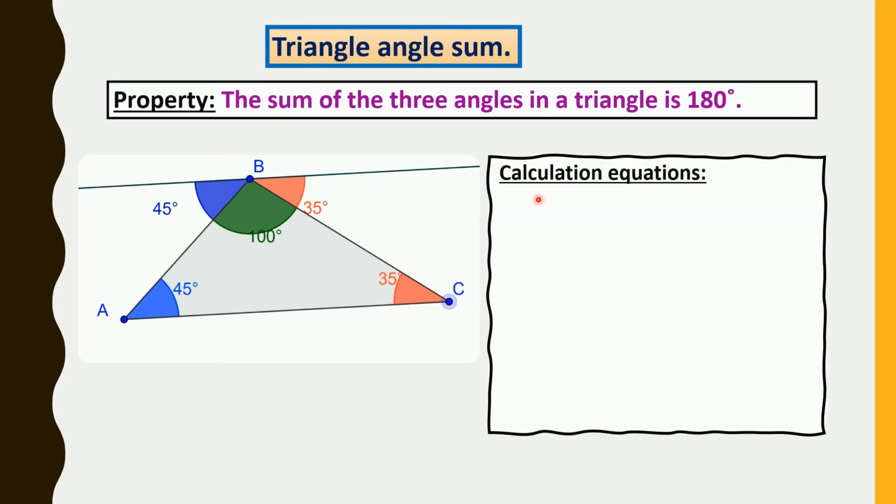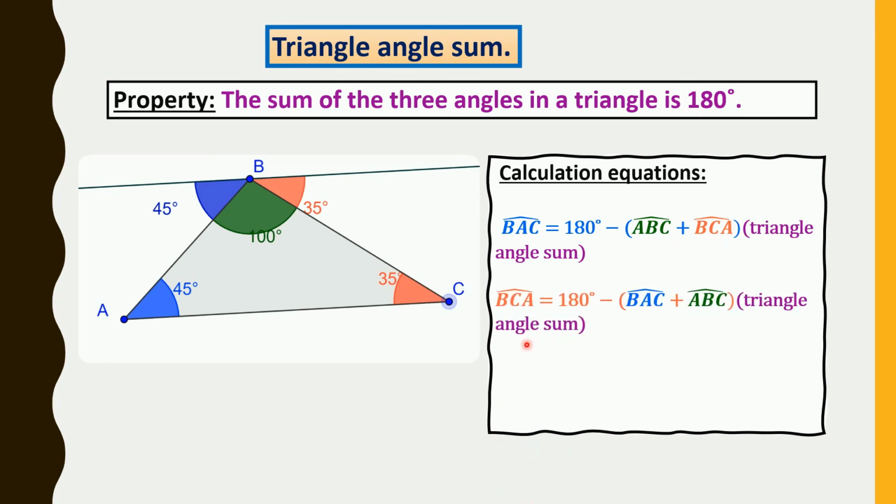Now let's write the calculation equations. In case I want to calculate angle BAC, the blue one, I do 180 degrees minus green angle ABC plus orange angle BCA, and the reason is triangle angle sum, because if I know the measure of two angles, to find the third one, I do their total sum minus the measure of the two known angles.